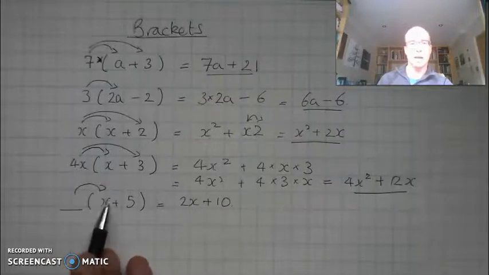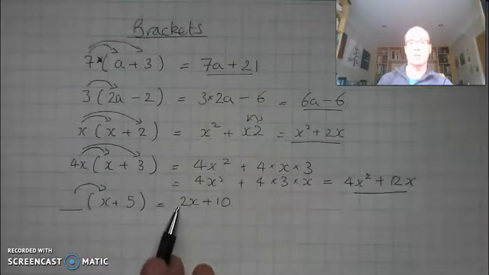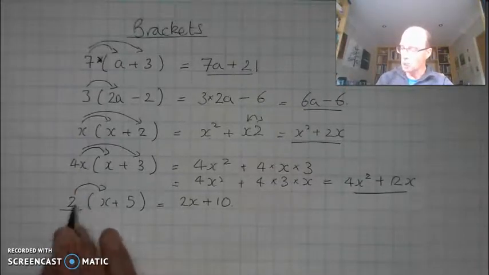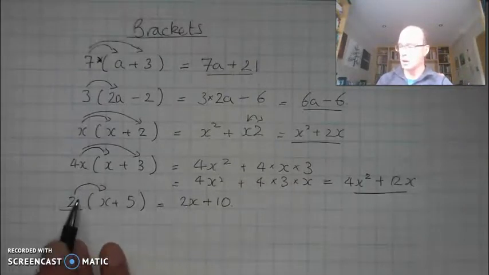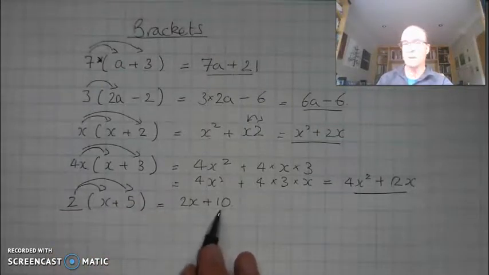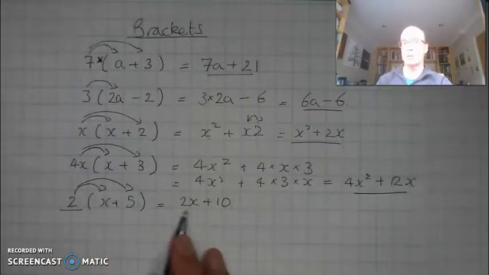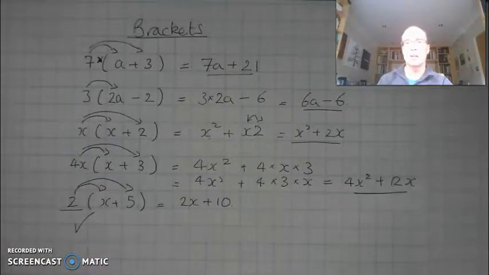That thing there is going to have to be my 2. So 2 lots of x, 2x, that works. And let's check the second one. So 2 times plus 5, 2 lots of 5 equals 10. Happy with my answer. So the thing that goes outside my brackets is going to be the number 2.